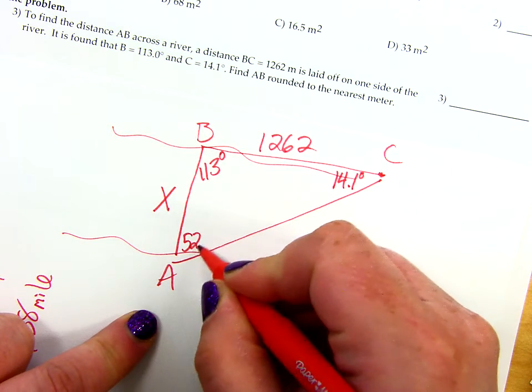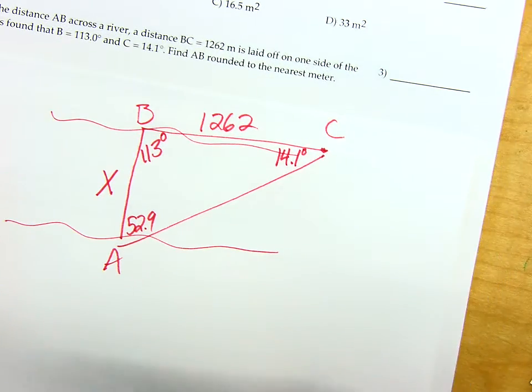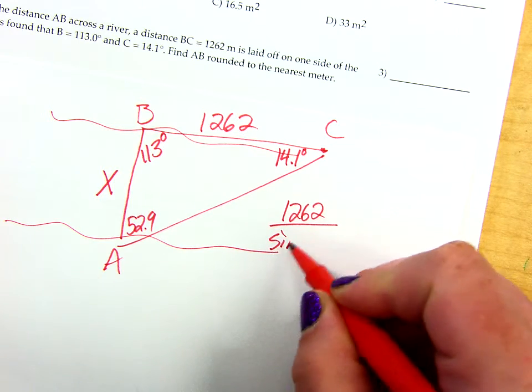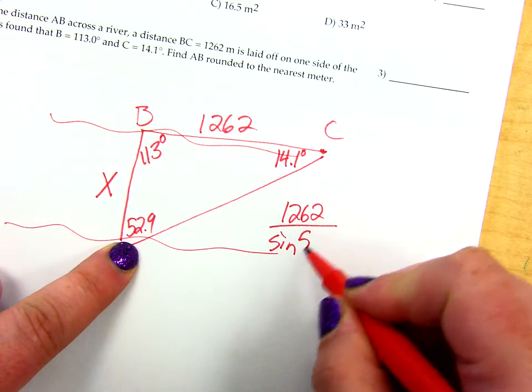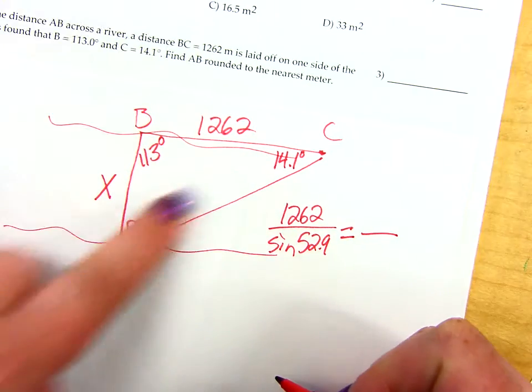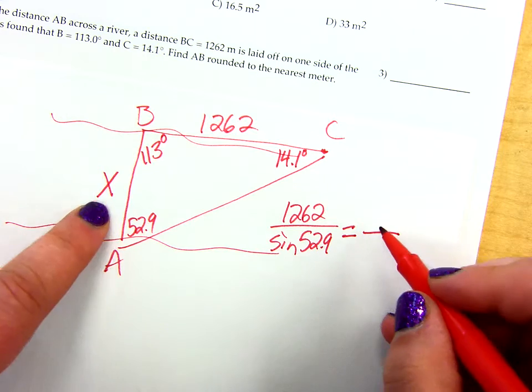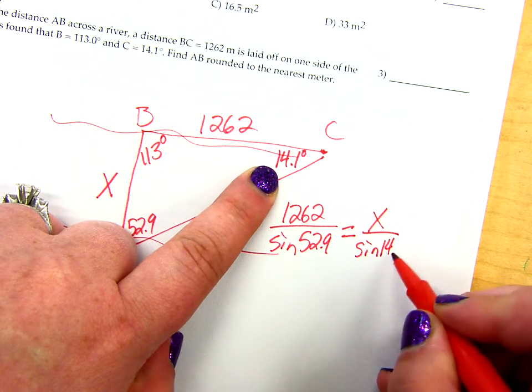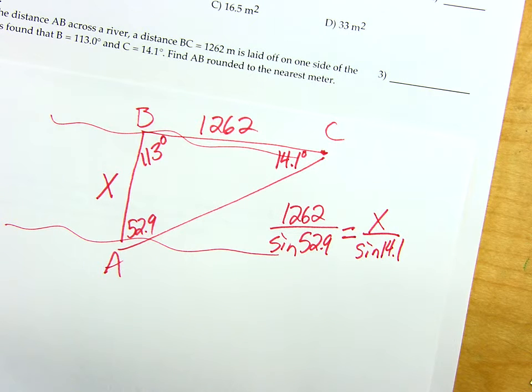52.9. Now we do the sine, 1262 over the sine of the angle it's across from, right? So 52.9 equals, and then we want this one. So now we have the side over the sine of its angle. Bada bing, bada boom. That's it.